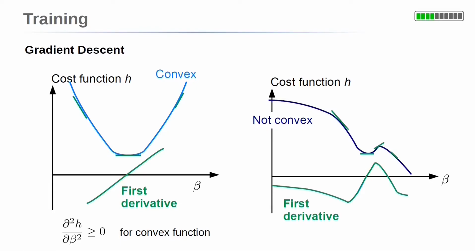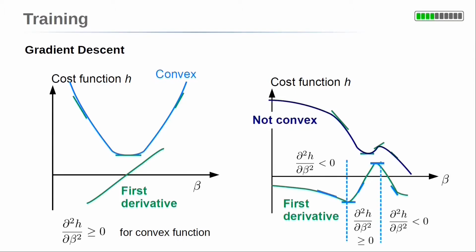Further away, the cost function decreases towards a global minimum. Consequently, the first-order derivative becomes negative again, so the second-order derivative is changing its sign. That means it is not convex.